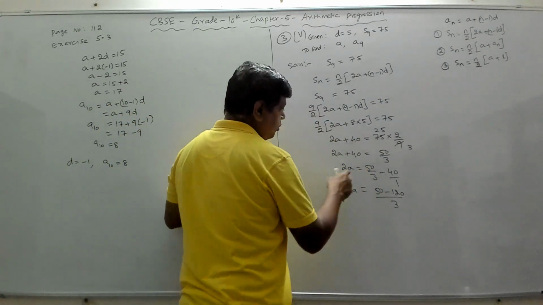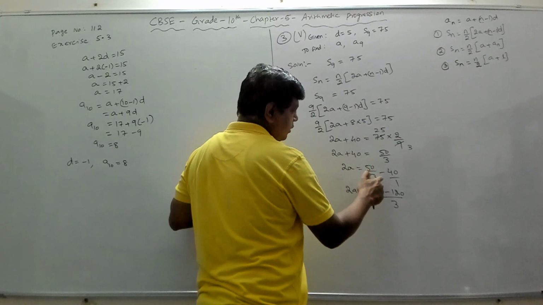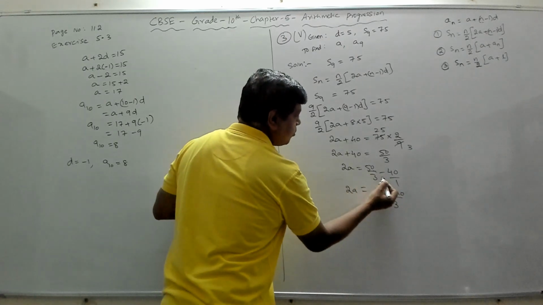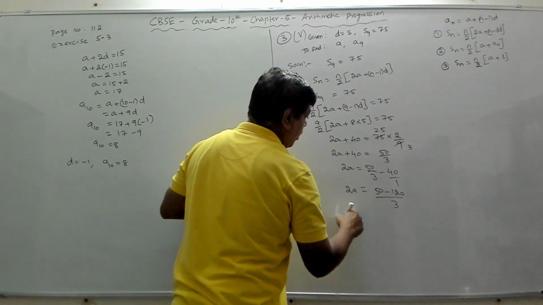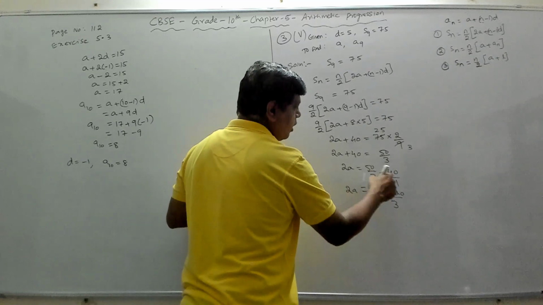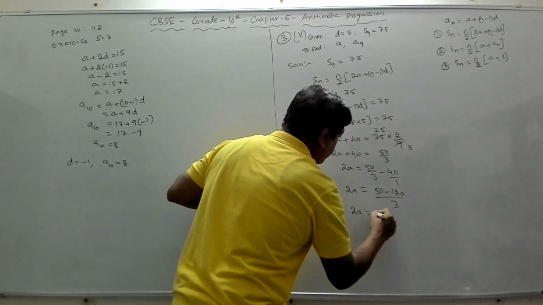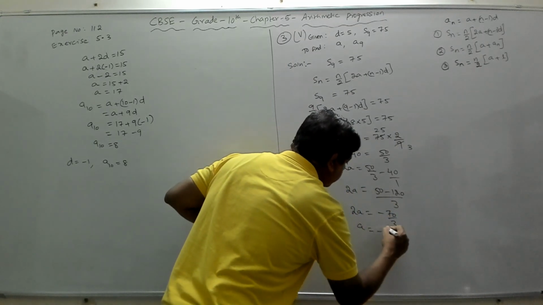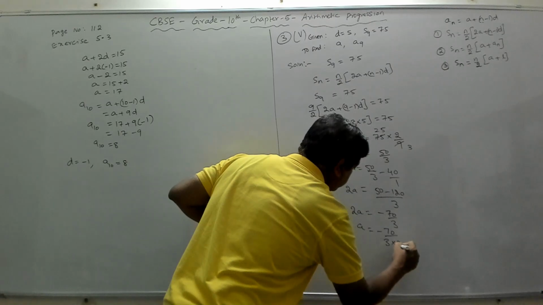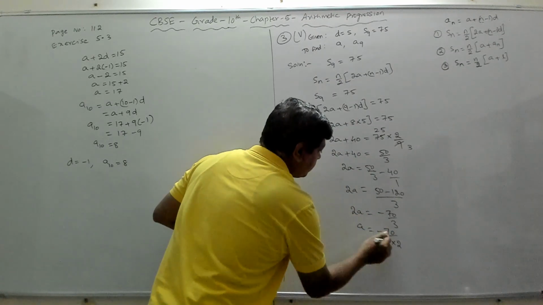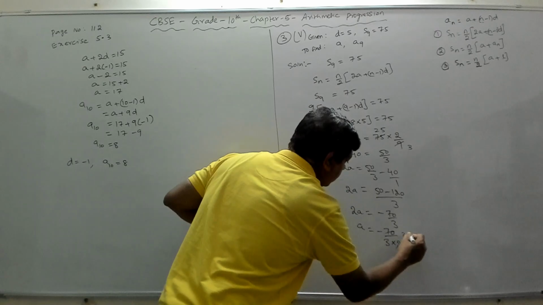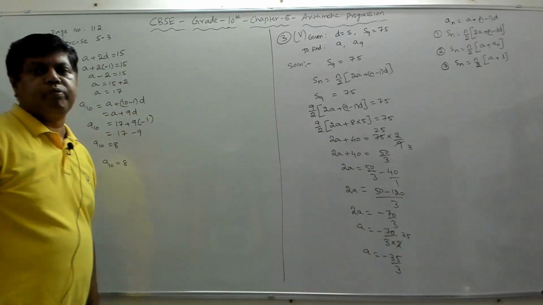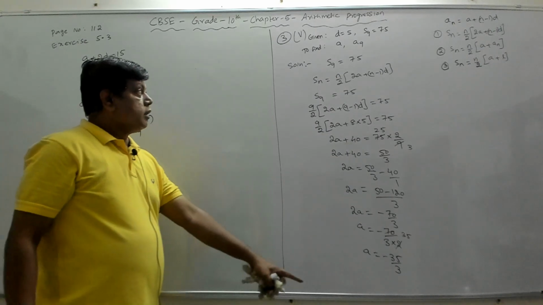So it becomes minus 70 by 3. So your 2a equals minus 70 by 3, this 2 goes to the denominator, and 2 into 35 is 70. So a is equal to minus 35 by 3. That is your a, the first term.